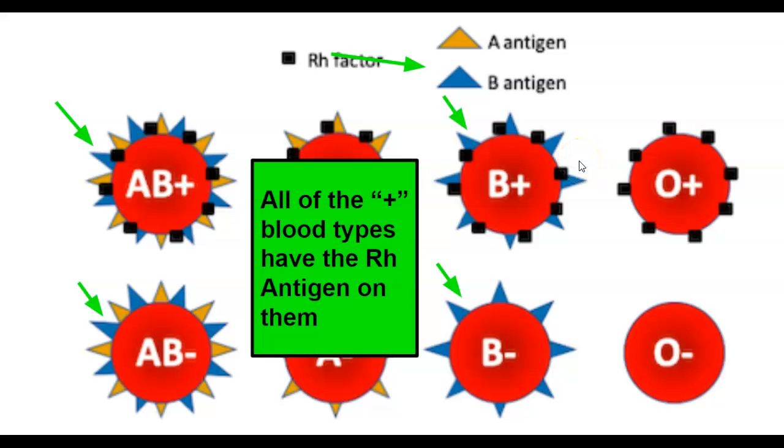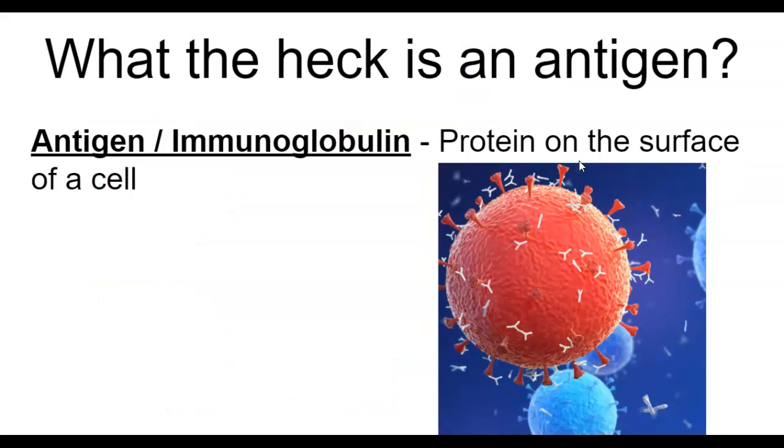So what do we need to write down from this, okay? Here's what we need to write down. An antigen, or sometimes we call them immunoglobulin, okay? This is a protein on the surface of a cell. So go ahead and write this down. You don't need to know about the A antigen, the B antigen, those types of things. This is what I need you to write down. When you hear the word antigen, I want you to think protein.